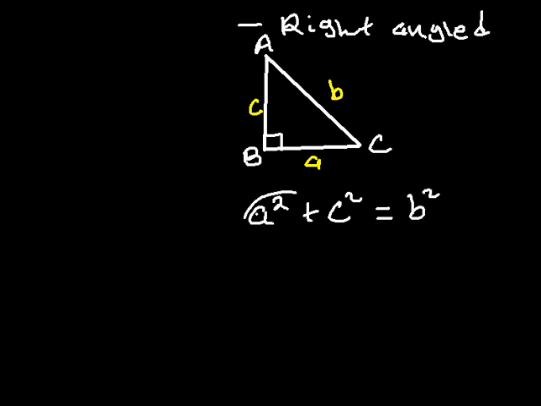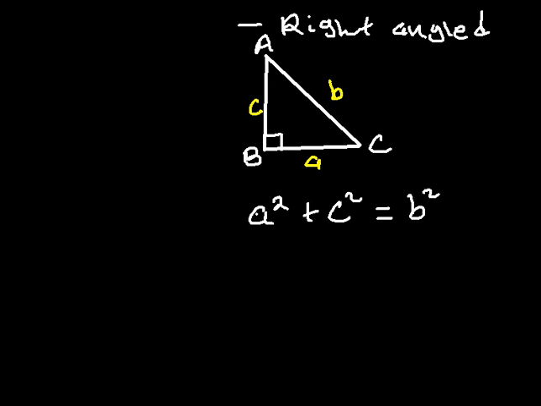So this is what we call the Pythagoras theorem. For more about the Pythagoras theorem, just refer to my video playlist on the YouTube channel as well as TikTok. You will come across all these things as you expect.